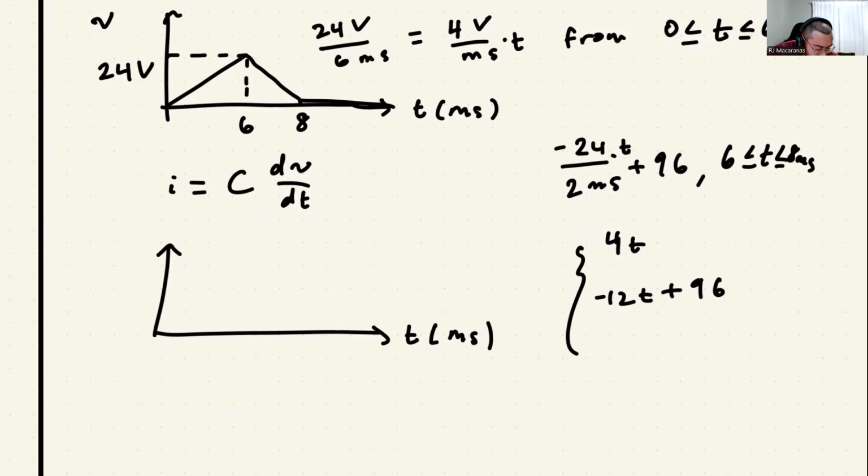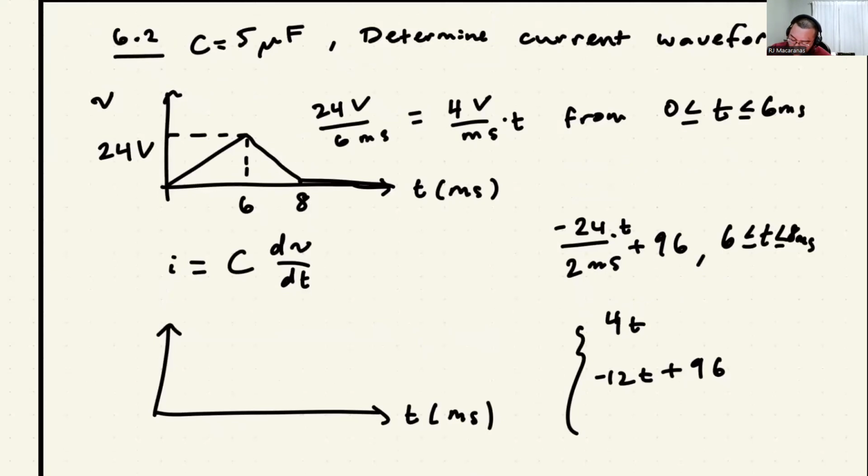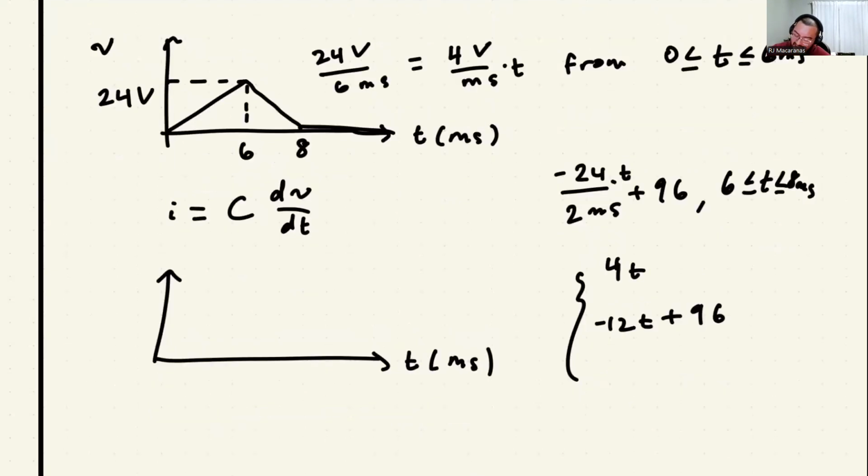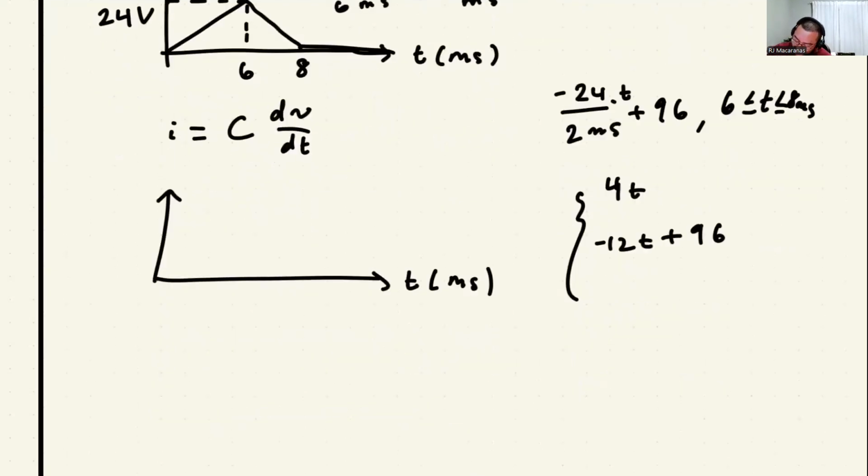Now I'm blanking on this because they've got 20 milliamps. Oh, okay, sorry. So these are the equations for voltage. And then to find the current, we take C dV by dt, which I've written up there.